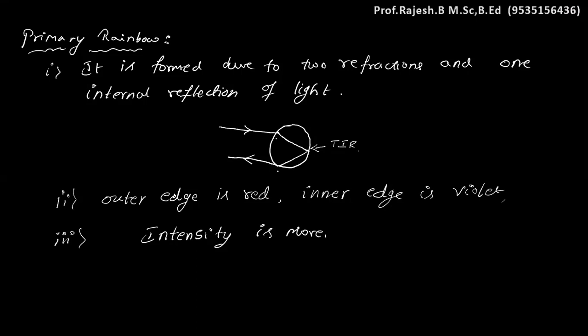The next type is secondary rainbow. In this secondary rainbow there are two refractions and two internal reflections.